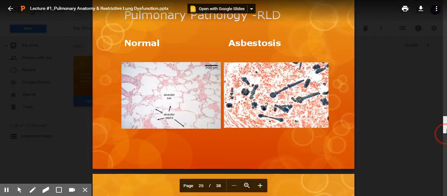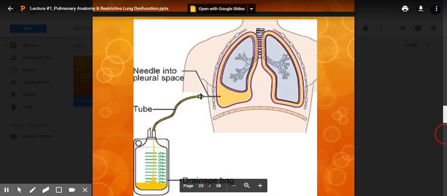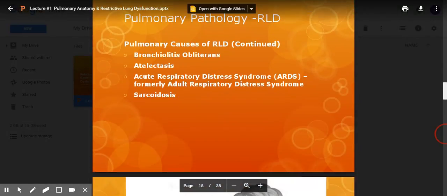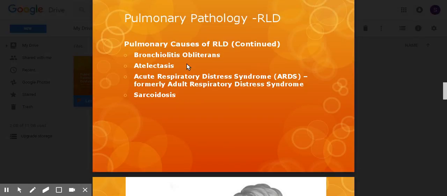And again, if you think about it, whatever the causation is for the atelectasis, the end result is the body no longer has the ability to use all of the lung space that it normally did. And so how much the atelectasis is going to be limiting to the patient is going to be largely determined by how severe the atelectasis is.